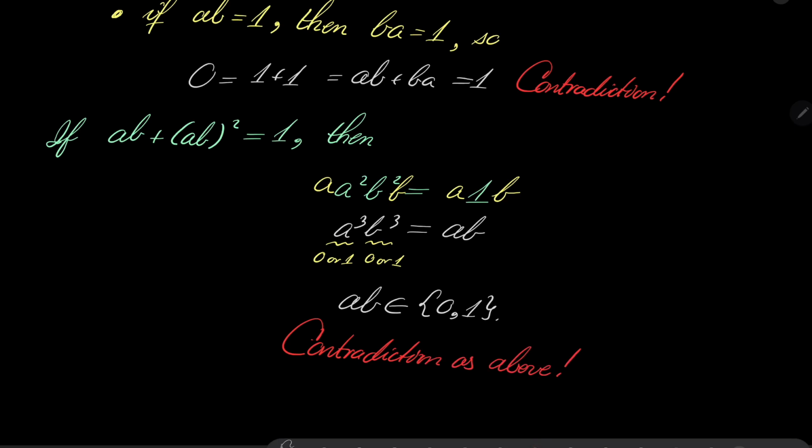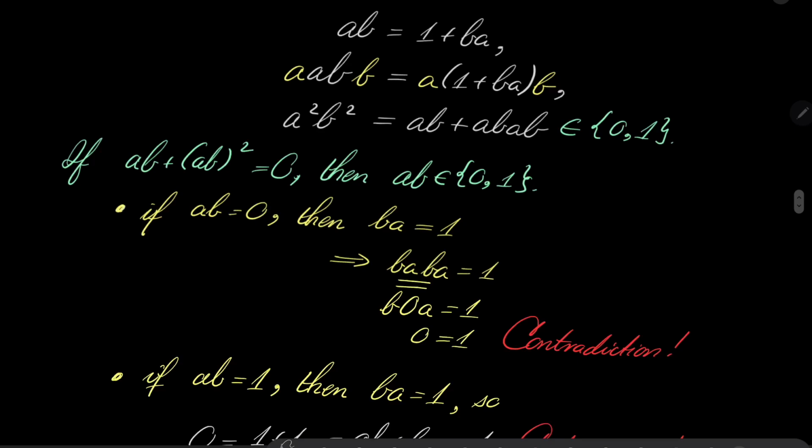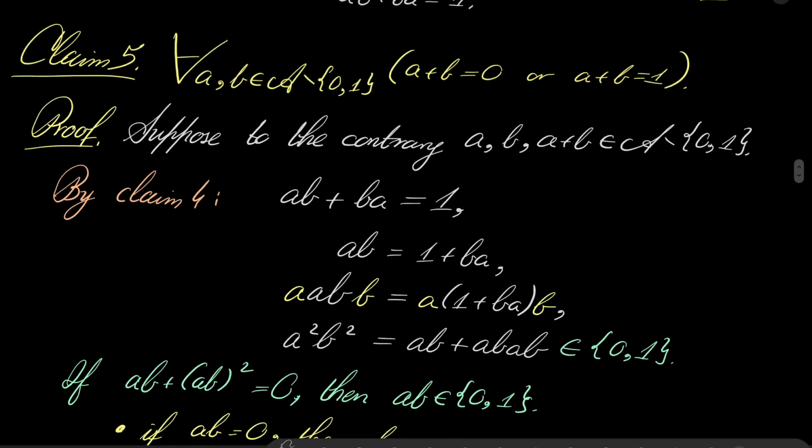Alright, so all of that leads us to a contradiction, so we have proved our claim. It was claim number 5, because we assumed to the contrary that it is not the case. We have used the previous claim and reached three different contradictions.